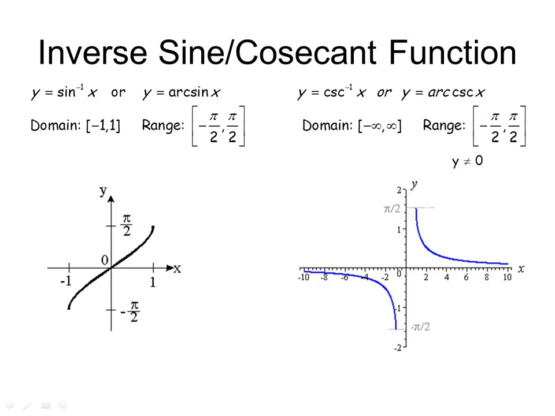The x values. So the domain is going to be 3, 5, and negative 1. What would the range be? Yeah, the y values: 2, 6, and 4.